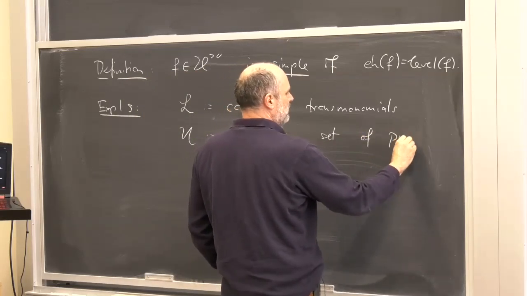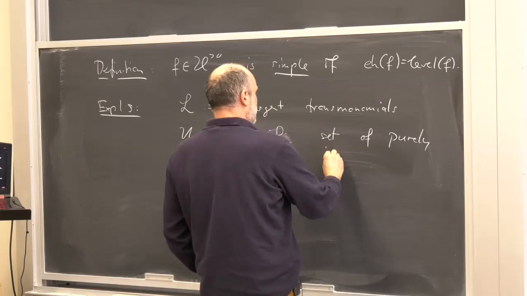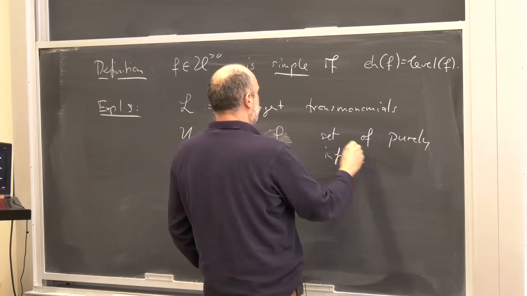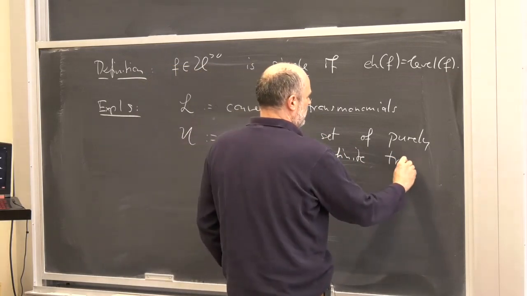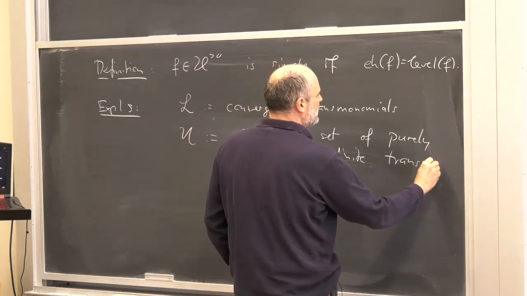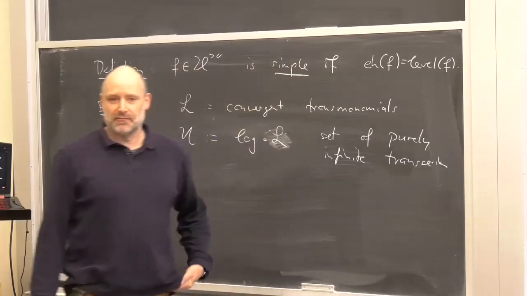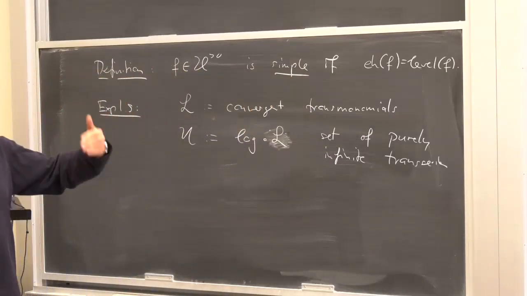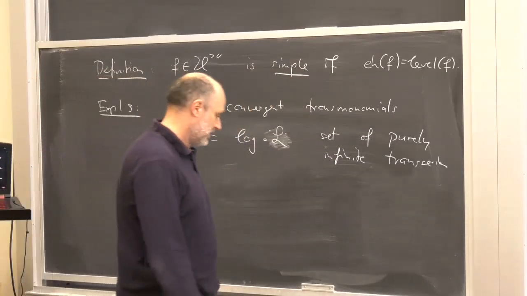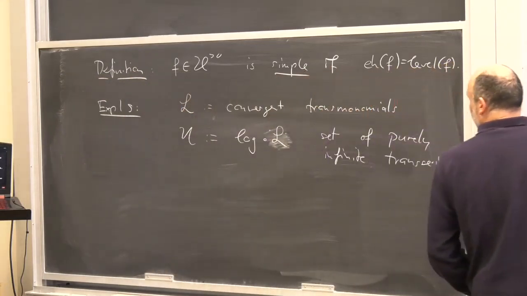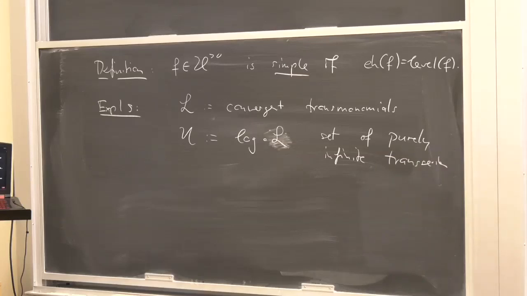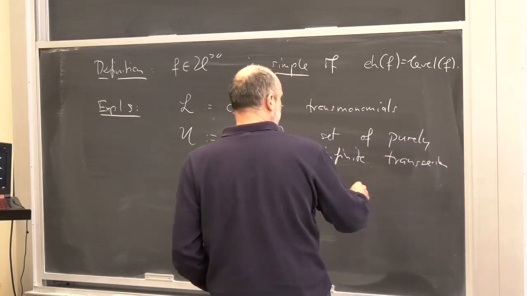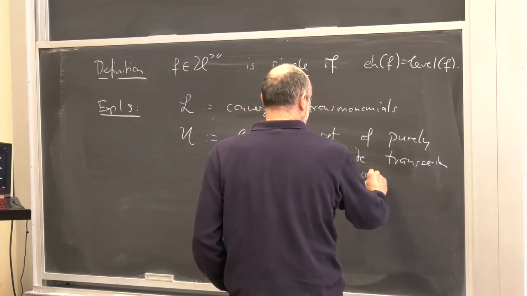Again, the terminology, convergent transmonomials, purely infinite transseries, refers to that identification between germs and their series that we made earlier in the course. All of these terms are simple. You can prove that. Yes, purely infinite convergent transseries.